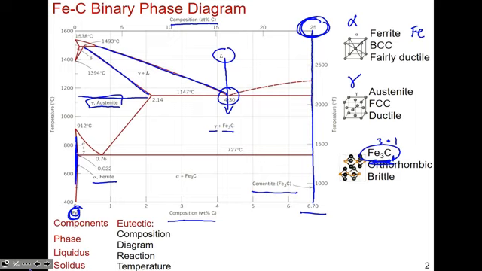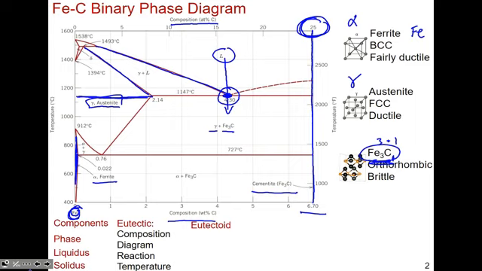Eutectic temperature, where does this point occur? Well, you just go over to the y-axis. Here it's already noted for you, 1,147 C. Okay, and we'll see these terms again and again and again when we talk about binary phase diagrams. Another important point about iron-carbon is the eutectoid.